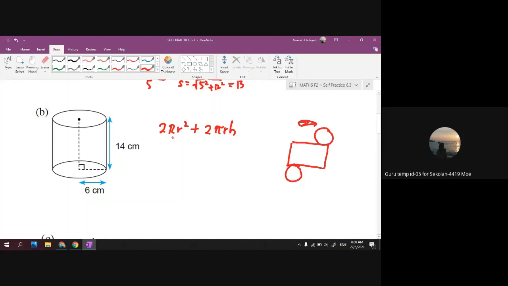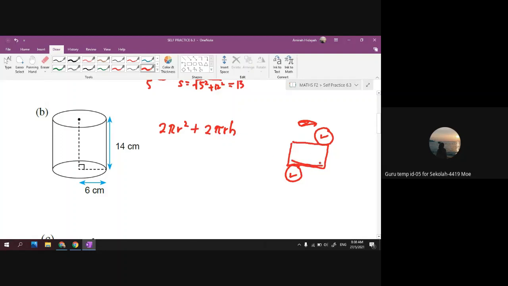So 2 pi r square comes from these two circles, because the formula of area of a circle is pi r square. So since there are two circles, pi r square plus pi r square, you will get 2 pi r square. Plus 2 pi r h comes from this rectangle.